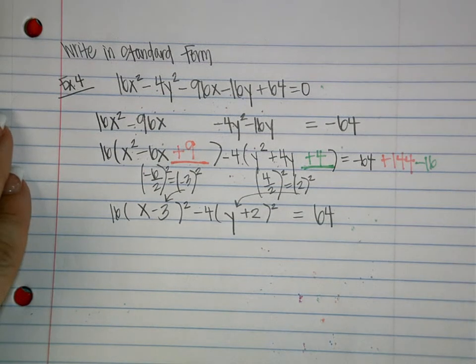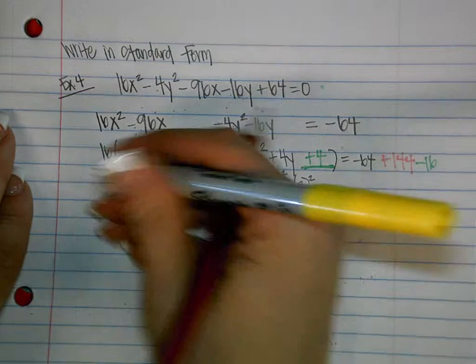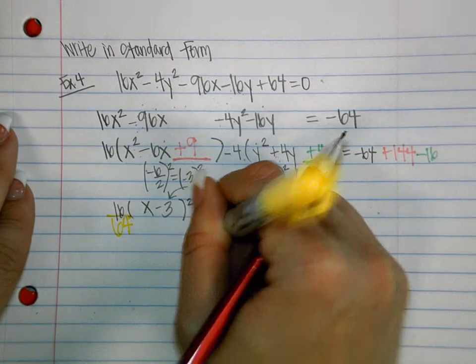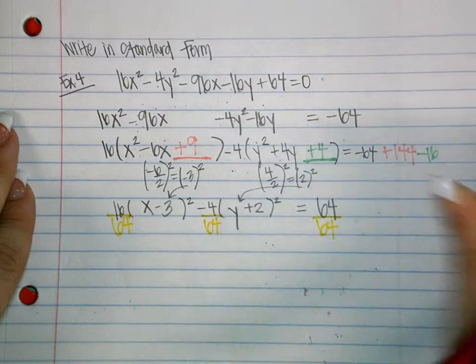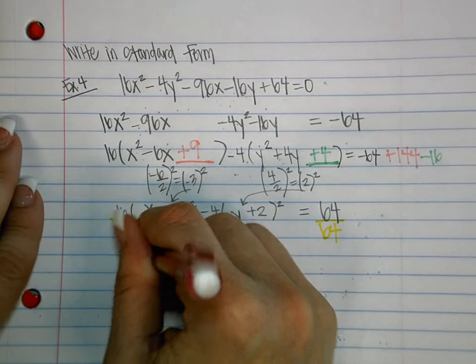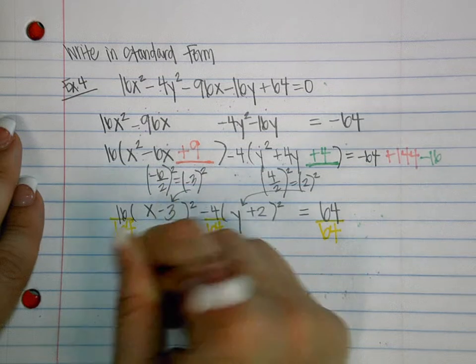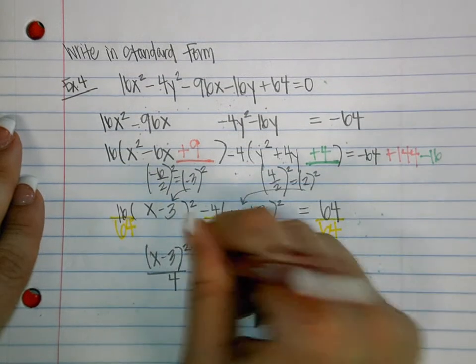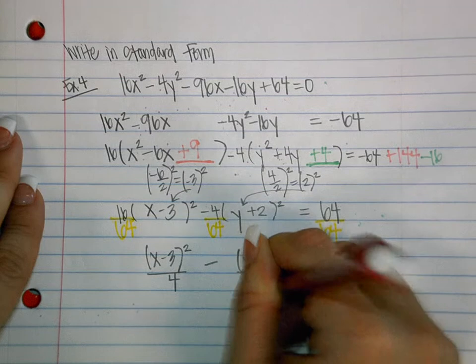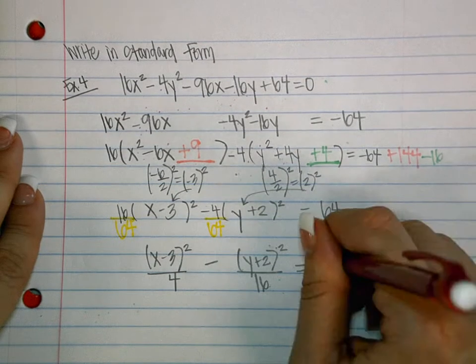My next step is to divide by 64. These are worked out intentionally to be nice numbers, so you're not left with any number in the numerator. So x minus 3 squared over 4 minus y plus 2 squared over 16 equals 1.